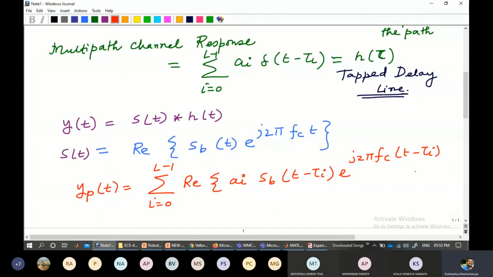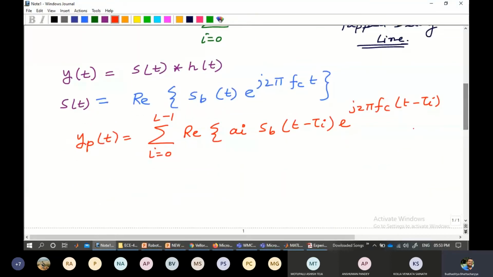Further, if I go on modifying this with some steps and remove some of the steps, the final outcome is something like this: the real component is still there, summation i equal to 0 to L minus 1 of a_i s_b(t minus tau_i) e to the power minus j 2 pi f_c tau_i.